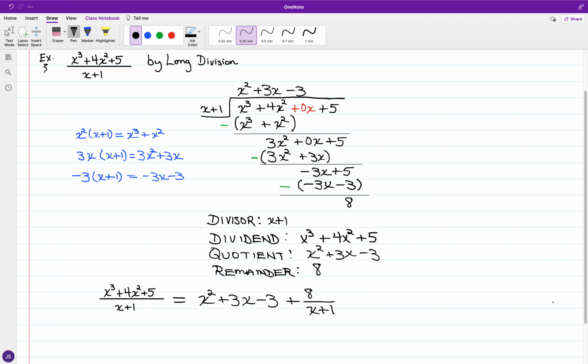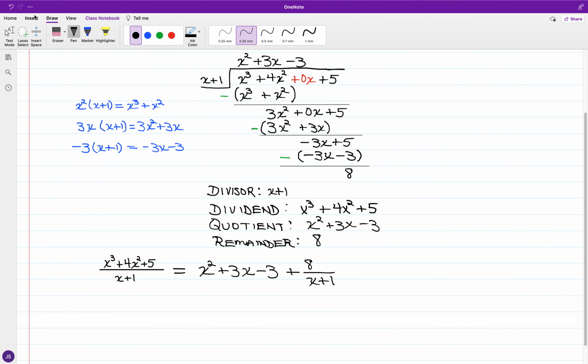Now, in polynomial division, what separates long from synthetic division?